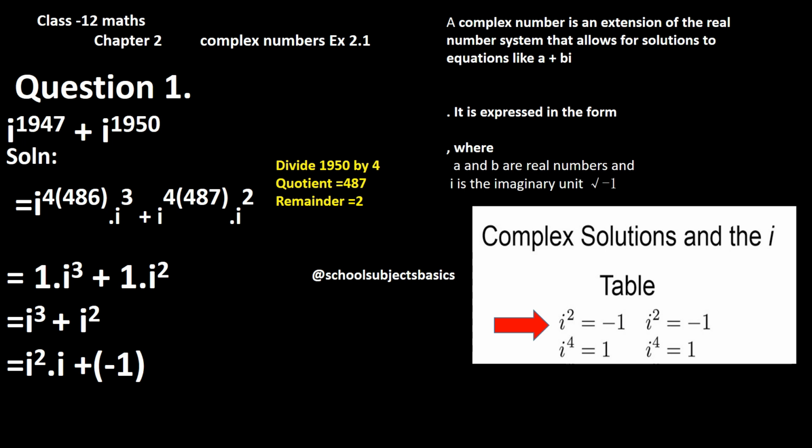What is i^2? That is also -1. So in place of i^2, if you put -1 times i, it will become -i - 1. So now the value of i^1947 + i^1950 is -i - 1.